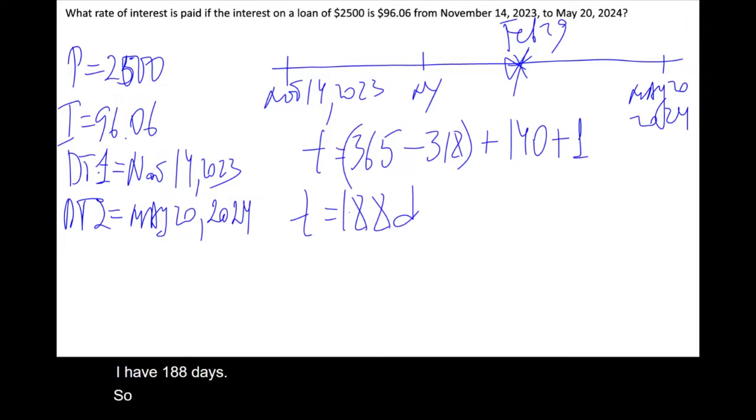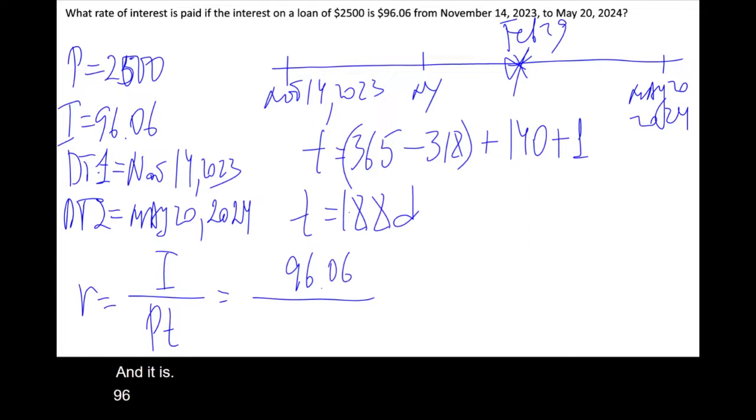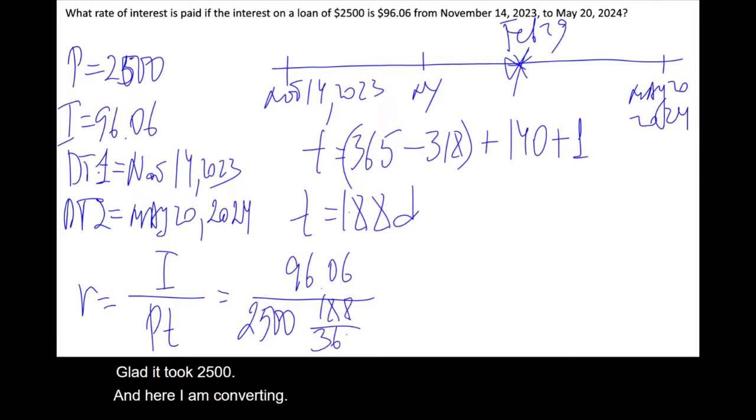So now interest rate, interest amount over PT, and it is 96.06 divided by 2500, and here I'm converting time to years like that.